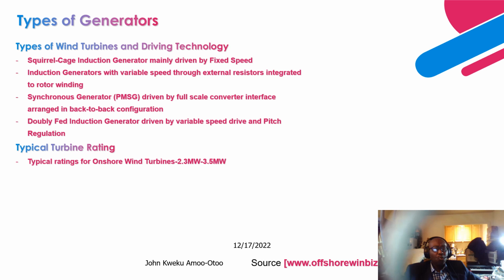The reason we have such a rating is because onshore facilities are near a lot of households, and your goal is to minimize the visual impact of these wind turbines. Also, as these wind turbines operate, they emit a lot of noise, and your goal is to minimize it. As you go with a lower rating of a wind turbine, the noise emission is mitigated or lowered.